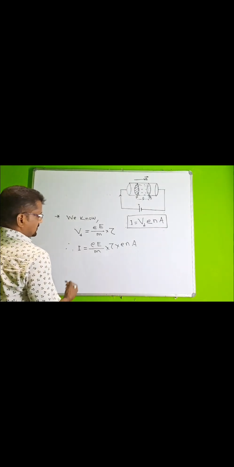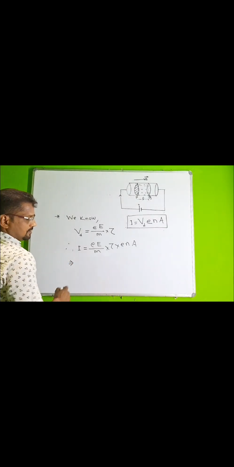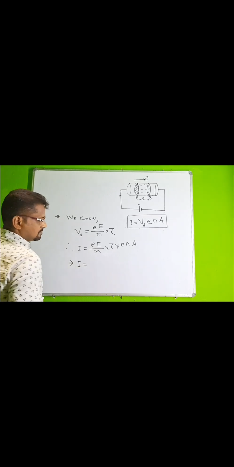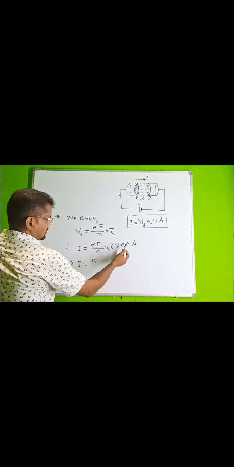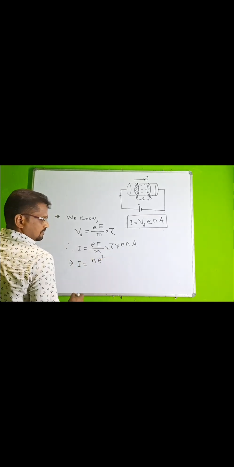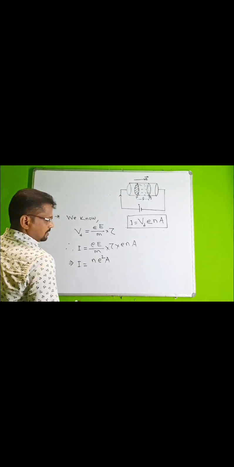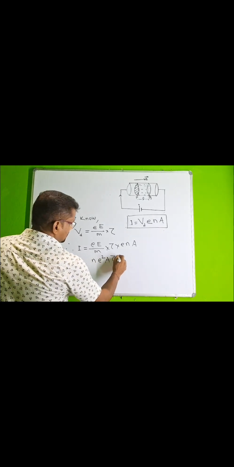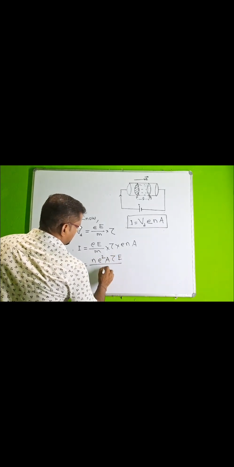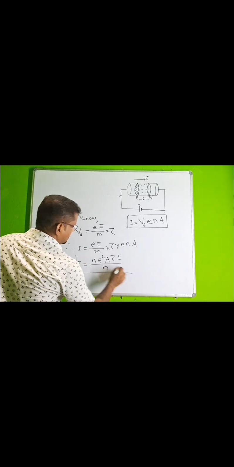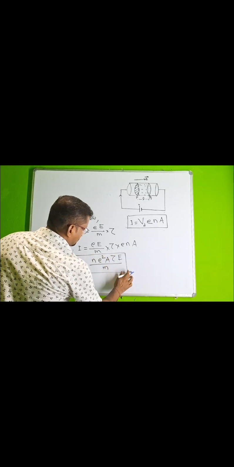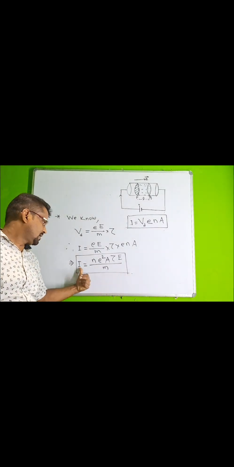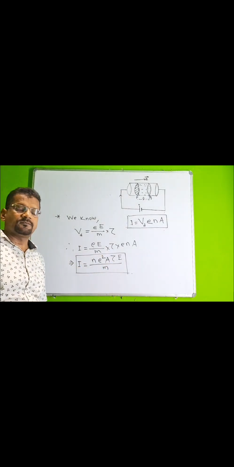So this will give you I equals n e square A tau times electric field divided by m. This is one expression to find the current, or you can say the relation between current and electric field.